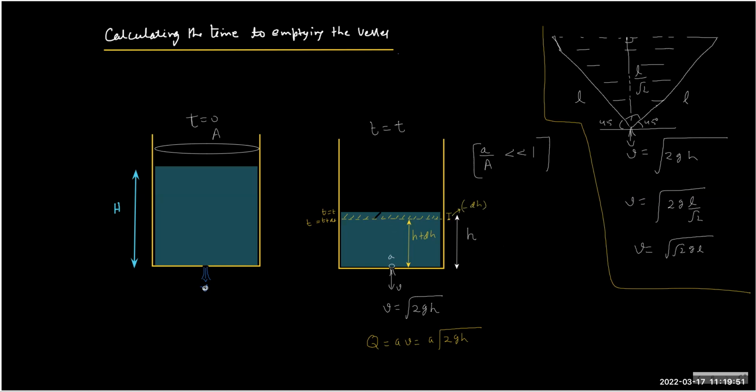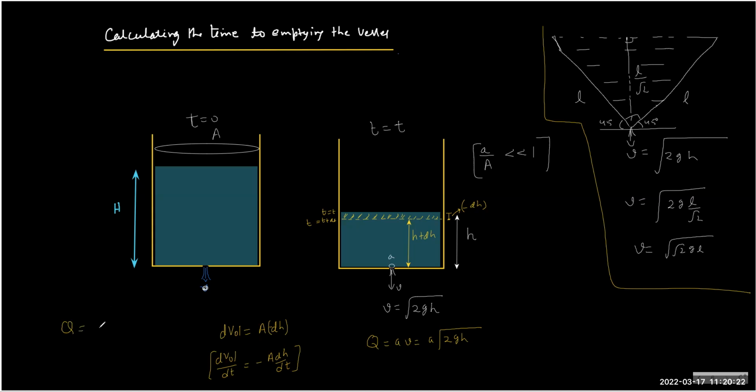So the amount of liquid that has left in time dt is how much? You can find the volume. So d volume is cross sectional area into height, right? This is the water that has left, isn't it? So the rate will be how much? d volume by dt is minus A dh by dt. So you can see that the discharge we can calculate in two ways.